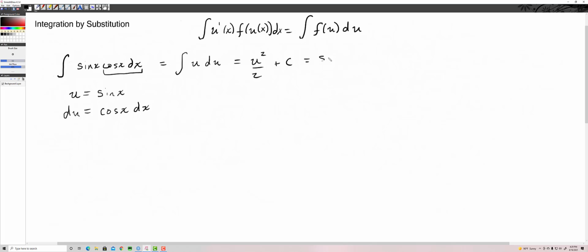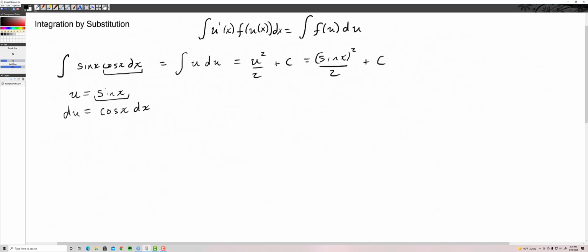And then that becomes plugging in sine x, that's sine x squared, or sine squared x, however you want to say it, plus c. But the point is, this is another way that you can use integration by substitution. If you notice something in the integral, and you see its derivative also in the integral, that's a dead giveaway that you should be looking at integration by substitution. Here, I knew that sine's derivative was cosine x, so the derivative of sine was also in the integral.